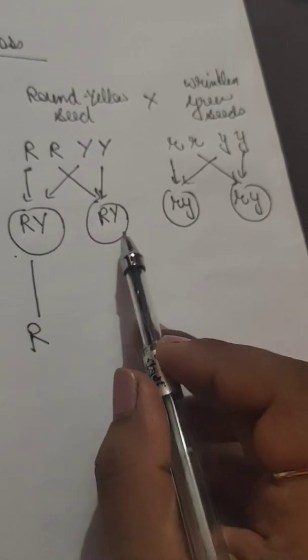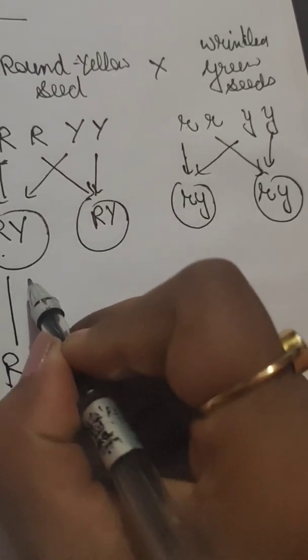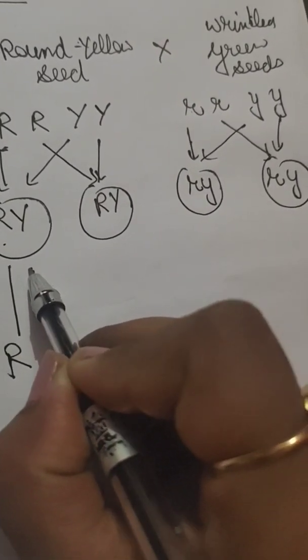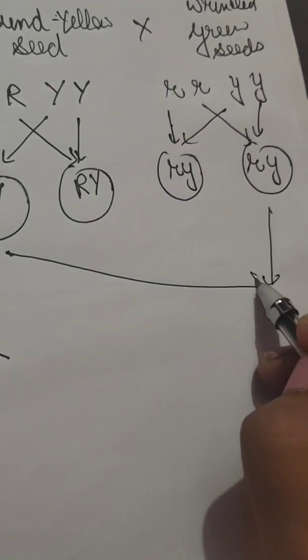So this capital R and capital Y is not complete, because we have to take two traits.